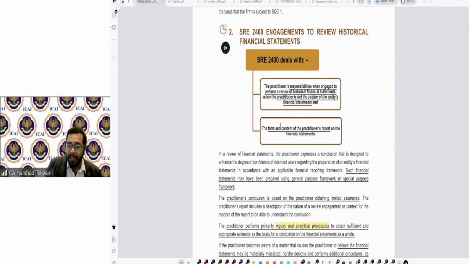But in SRE, the same logic and concepts of auditing standards are combined under one SRE applicable to the limited assurance engagement.